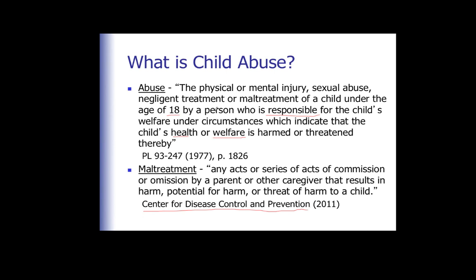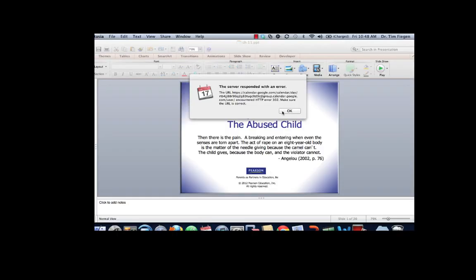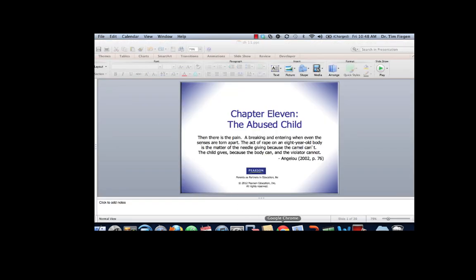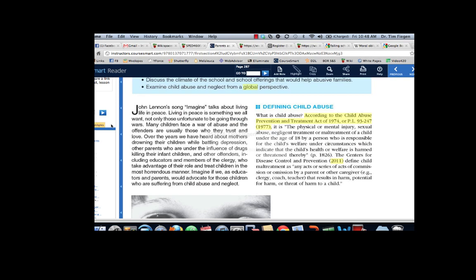It can be things they do or omissions, things they don't do, that can be considered abuse by a parent or other caregiver that results in harm, potential for harm, or threat of harm to a child. Okay. Let me go back to the text here quick. So that's what that's about.